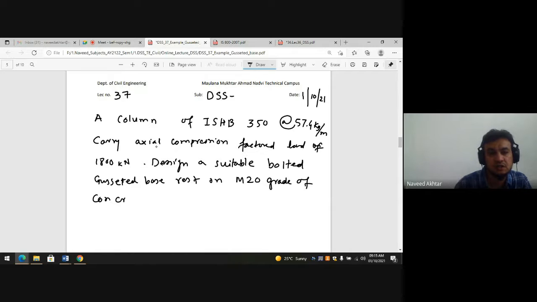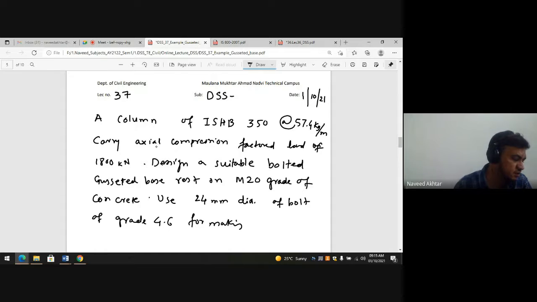Use 24 mm diameter bolts of grade 4.6 for making the connection.